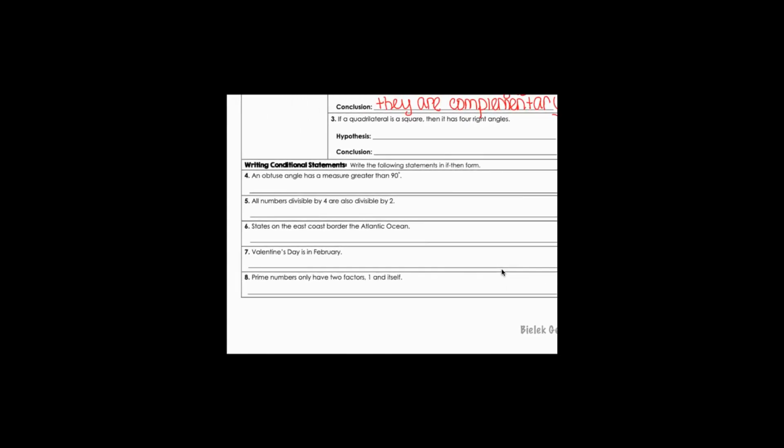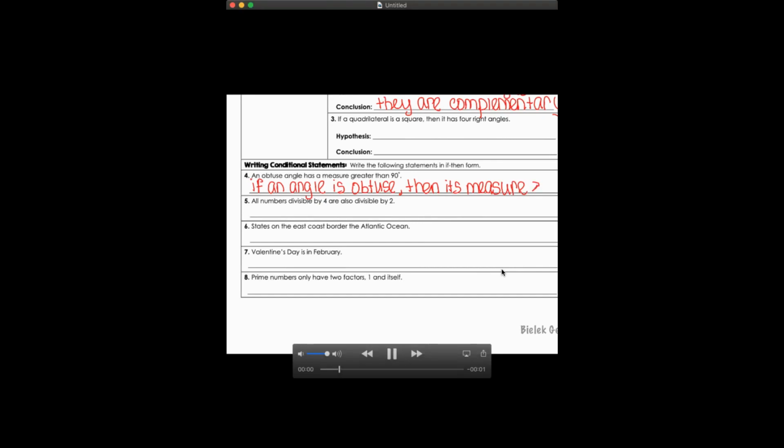The next part of this is practicing writing statements in if-then form. So we have an obtuse angle has a measure greater than 90. So I could say if an angle is obtuse, then its measure is greater than 90.